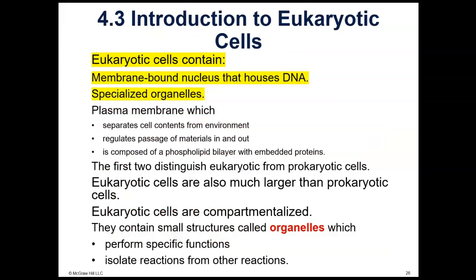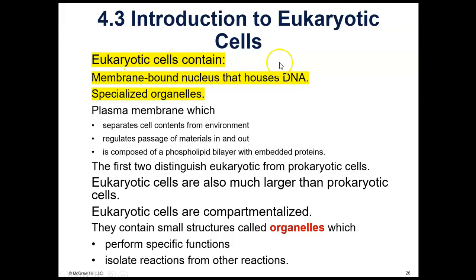Now we're going to move on and talk about eukaryotic cells. So there are three domains of living things. The first two domains, bacteria and archaea, consist of prokaryotic cells. They're unicellular organisms or single-celled. But the third domain, the eukarya, all the organisms in the domain eukarya are composed of eukaryotic cells.